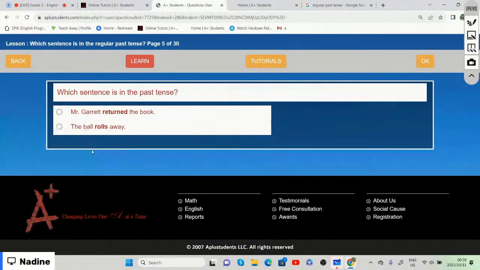So we need to select the sentence in the past tense. Mr. Garrett returned the books, or do we say the ball rolls away?